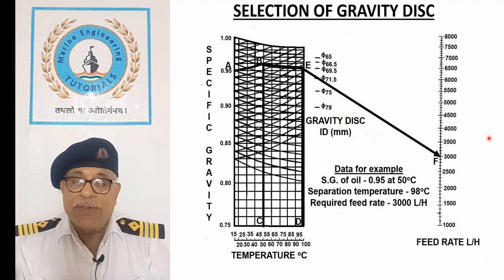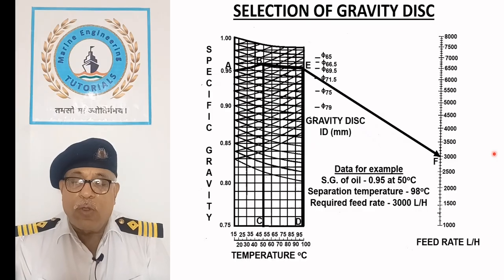Now the purifier is set up with a gravity disk of the next higher size, which is 75 mm. If the purifier operates without an overflow, the disk size is correct. Otherwise, it should be changed to 71.5 mm.